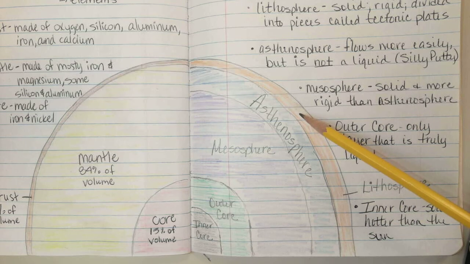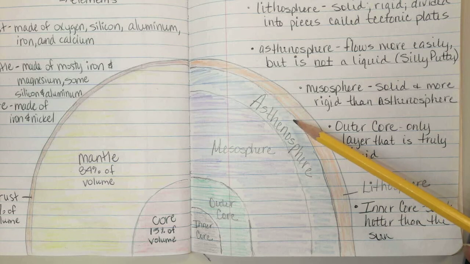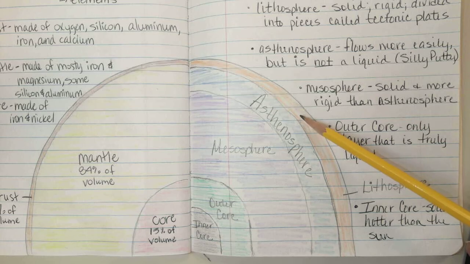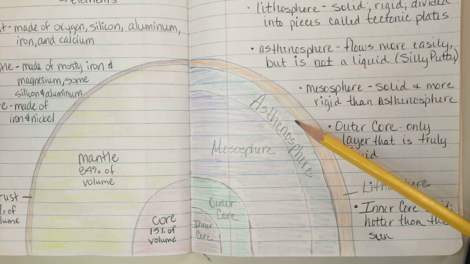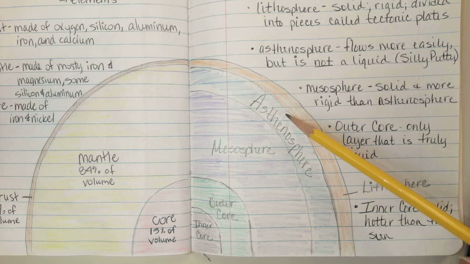It's very cool, in fact, because this is the part that we walk on. Actually, the lithosphere is the top part, it's the crust, but it also includes a very small part of the upper mantle. This is the part that's divided into the tectonic plates. Those are pieces of crust that are divided into pieces that move.